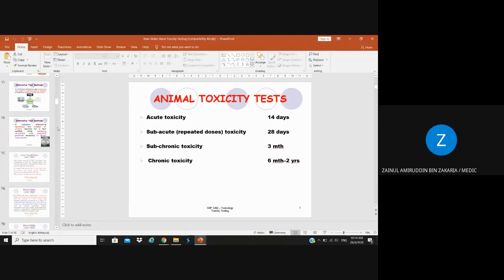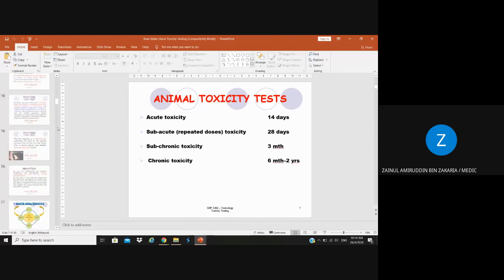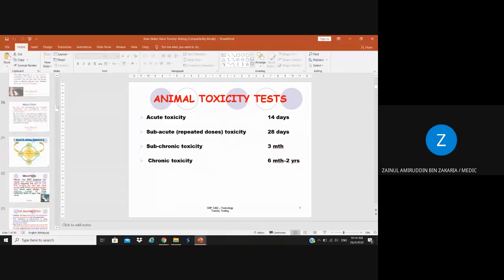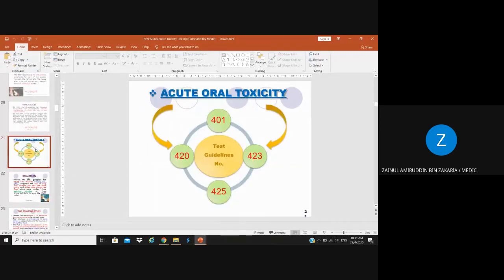That depends on the period of time used to assess the test. So for acute oral toxicity, there are 4 main tests that can be carried out.